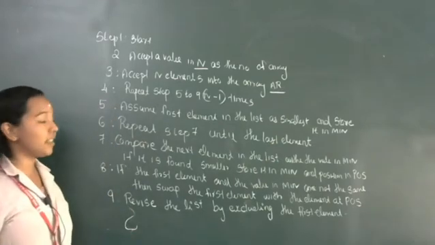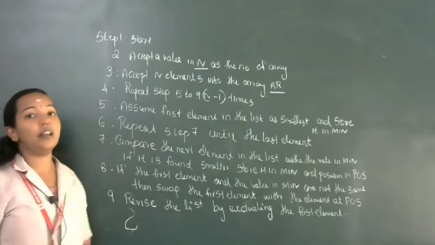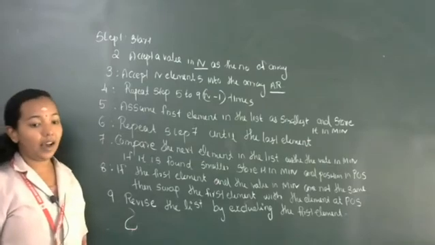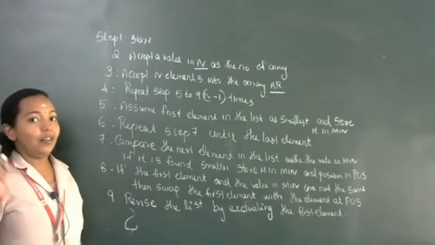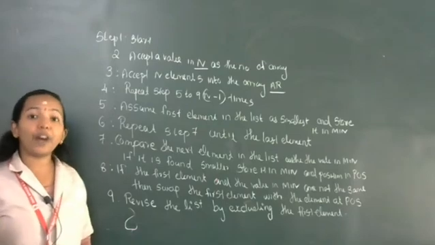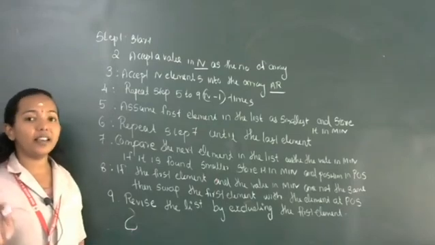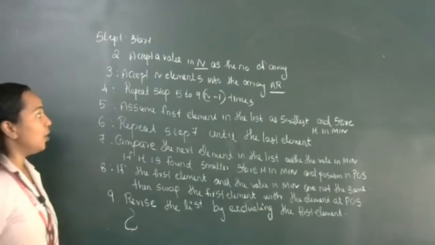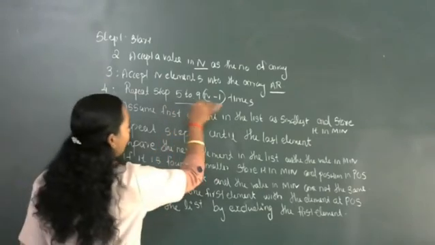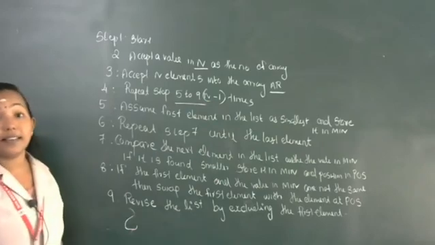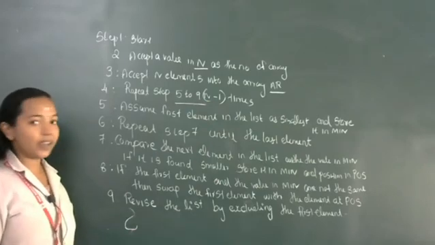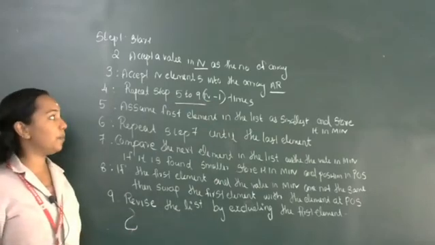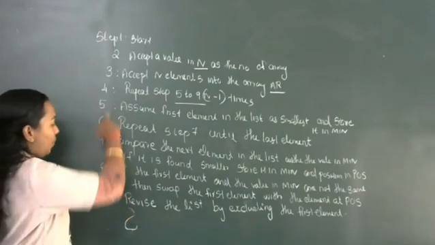What is the third step? Accept n elements into the array AR. In the previous example, what will be the value of n? 5. The size of the array is 5, and AR is the array name. Then you want to repeat steps 5 to 9 n minus 1 times.